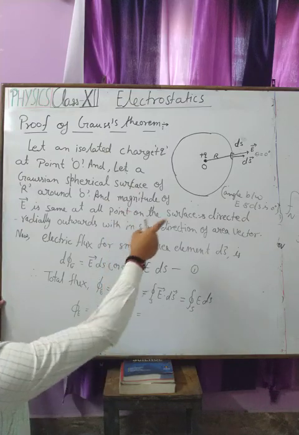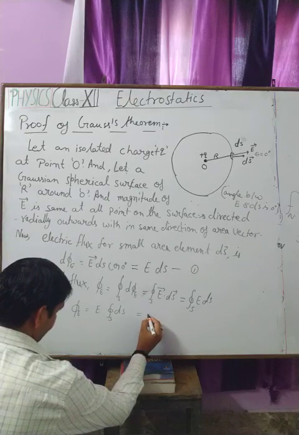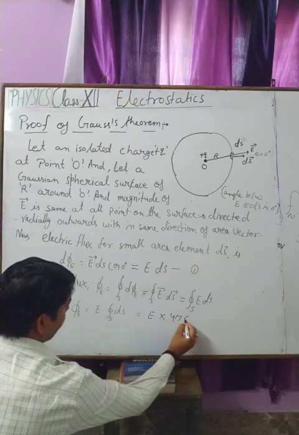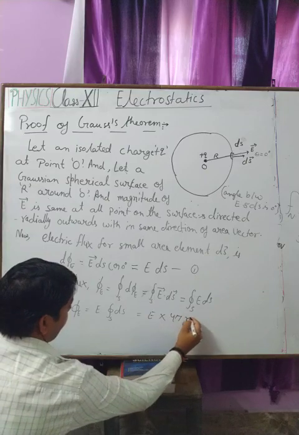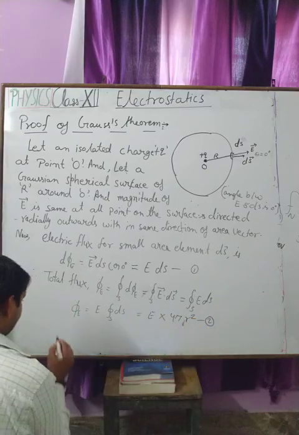So the surface area, which is spherical, is 4 pi r square: E into 4 pi r square, equation second.